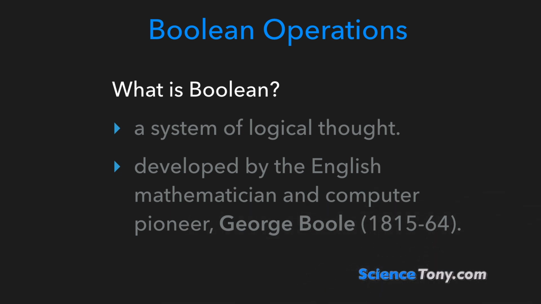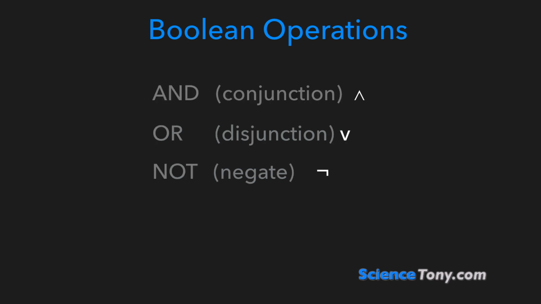What is a Boolean? A Boolean is a system of logical thought. This was developed by the English mathematician and computer pioneer George Boole. These are the operations we're going to cover. There's the AND, which is otherwise known as conjunction, and the little symbol in white next to it is another symbol for the AND.